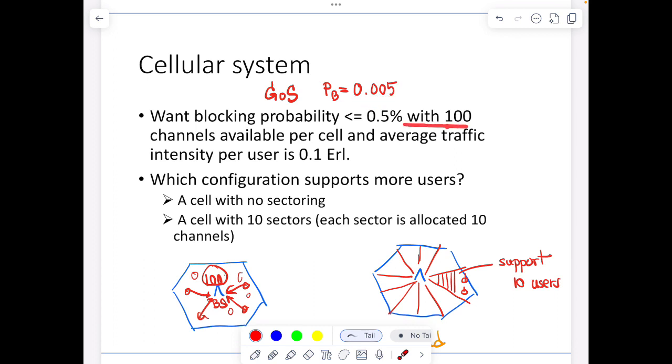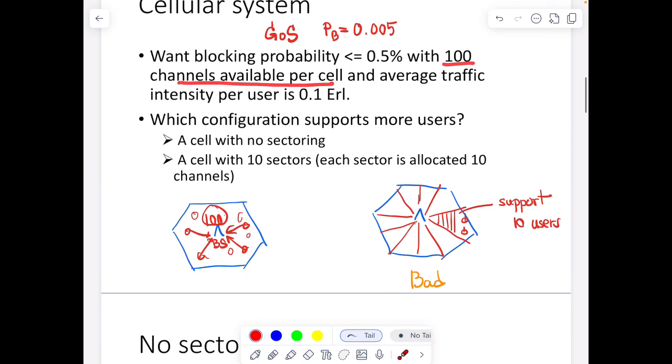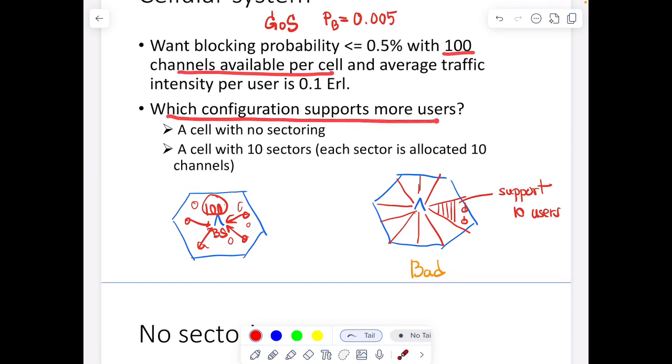And there are 100 channels available per cell, and the average traffic intensity per user is 0.1 Erlang. So each person generates traffic at about 0.1 Erlang, and there are 100 channels available per cell. So the question is which configuration supports more users.